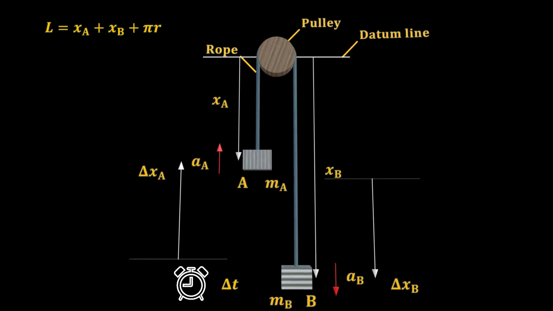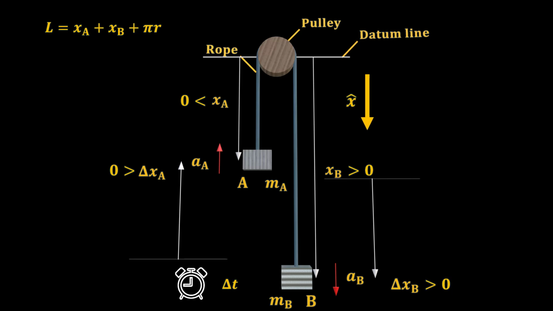Now, over a time delta t, object A moves upwards by a displacement delta XA, while object B moves downwards by a displacement delta XB. If we take downwards as the positive direction, then we have XA greater than 0 and XB greater than 0, and we have delta XA less than 0 and delta XB greater than 0.